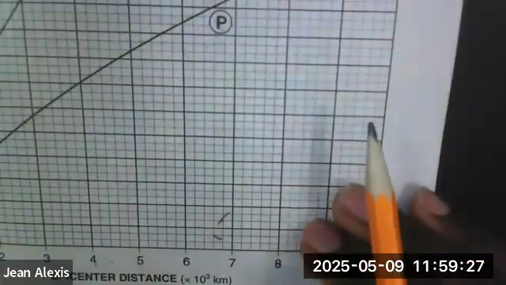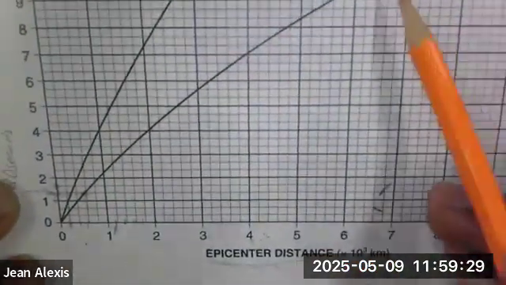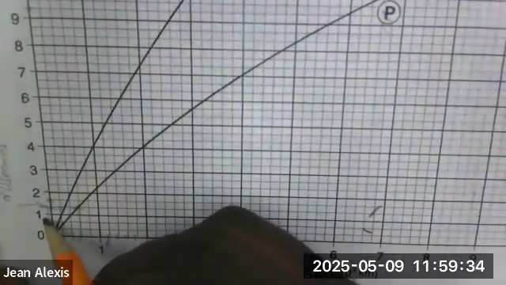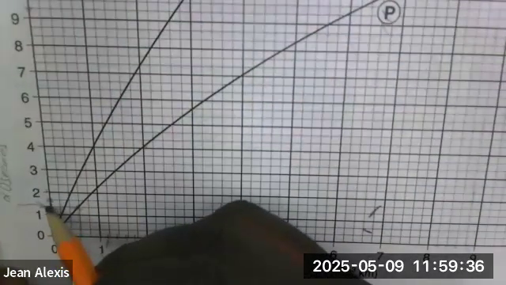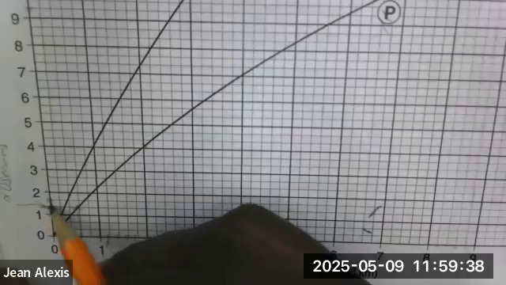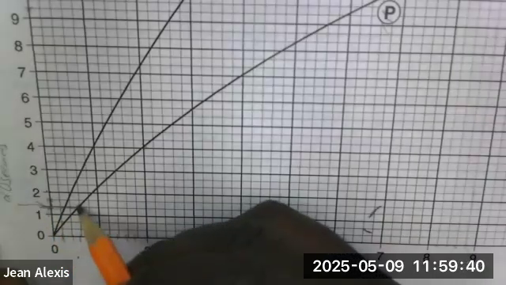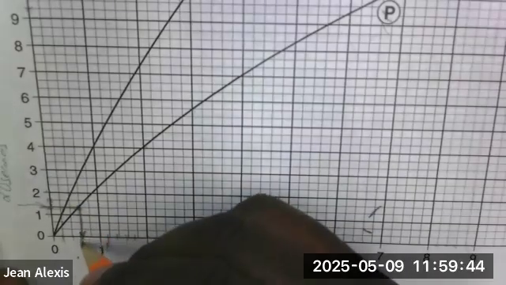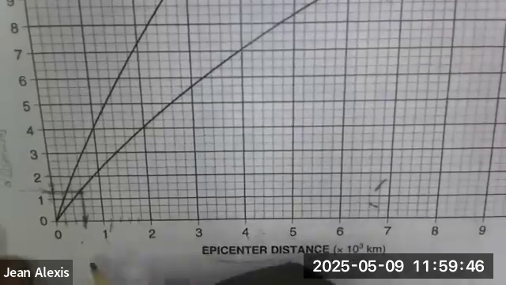So I'm going to go to my reference tables. Remember that this line is the P wave. I'm going to go to 1 minute and 20 seconds, which is right here, and draw a horizontal line until I get to the P wave. Then I go down. What did we learn earlier?